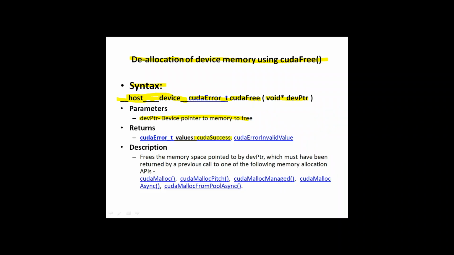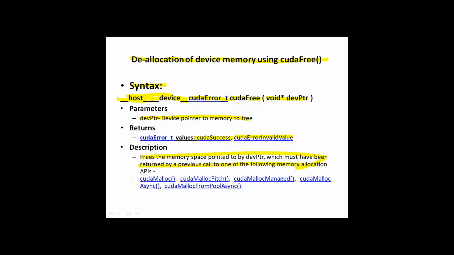Return value can be cudaSuccess or cudaErrorInvalidValue. It frees the memory space pointed to by devPtr, which must have been returned by a previous call to one of the memory allocation functions.